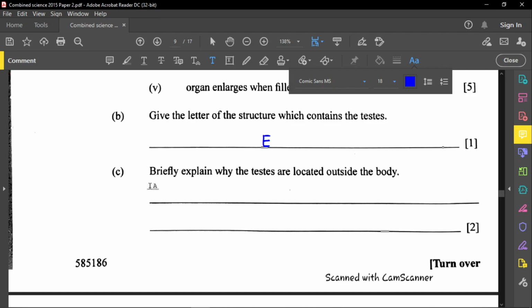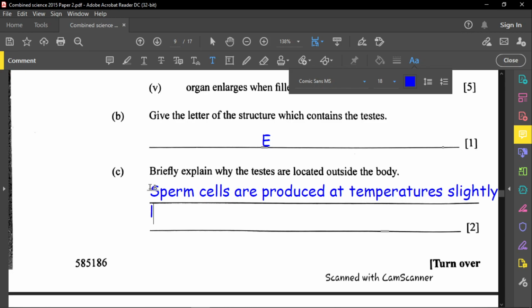Then it said, now briefly explain why the testes are located outside of the body. Simply because sperm cells are produced at temperatures slightly lower than the body temperature.